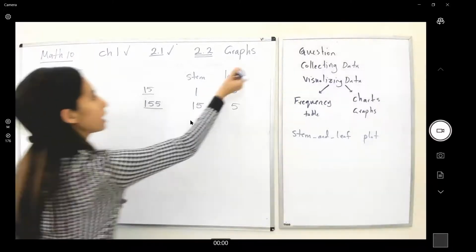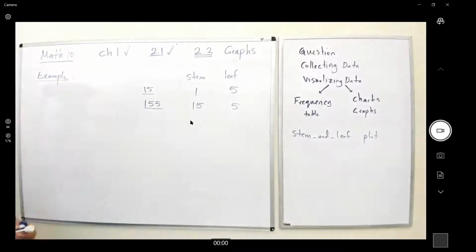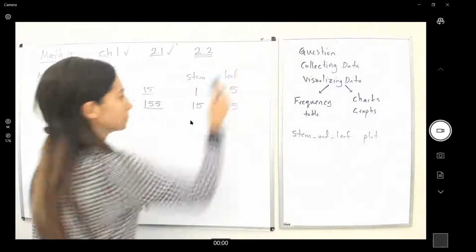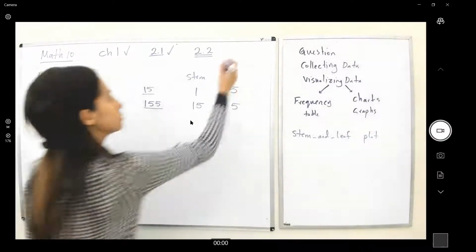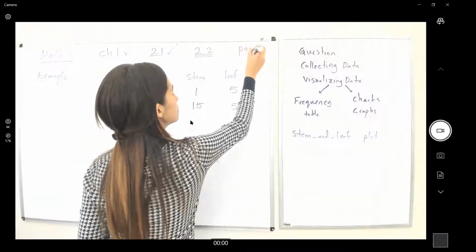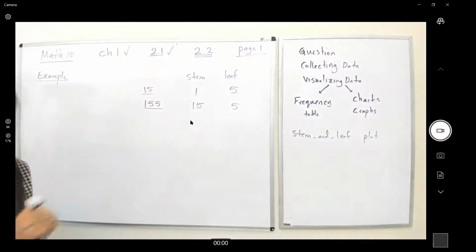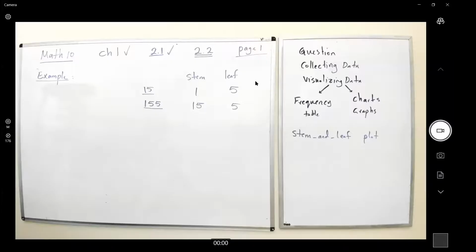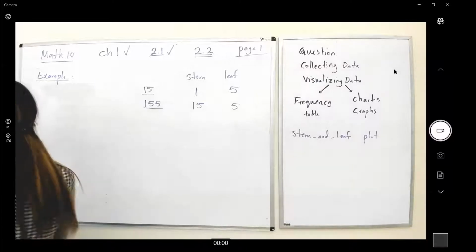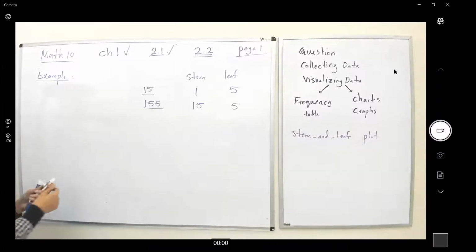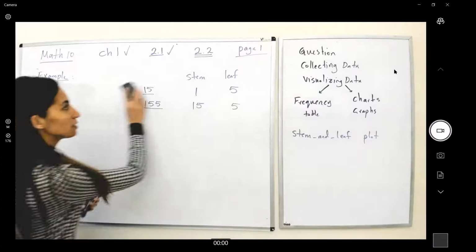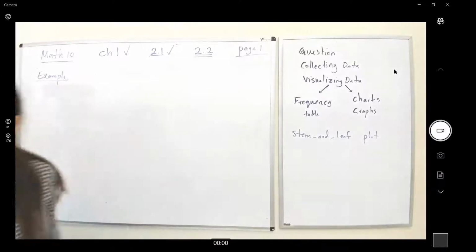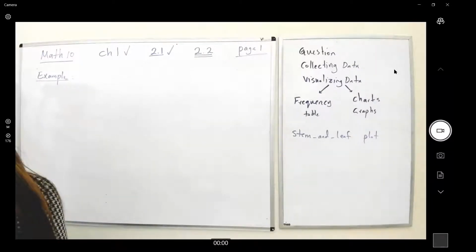Example, and note that we are on page 1. Okay, guys, so let's take a look at our data here. Let me erase this. I'm going to write down the numbers that we have here.